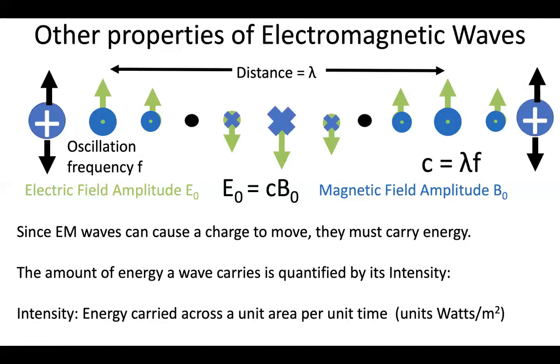And the intensity is just a measure of how much energy this thing transports. It fundamentally has units of energy per unit time per unit area. So its fundamental units are watts, energy per unit time, divided by meters squared. The reason it has to work like this is because this is a transport process. It's not that this thing has energy, it's a disturbance in the electric and magnetic fields that's propagating.